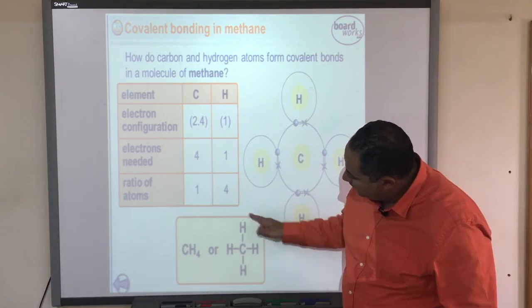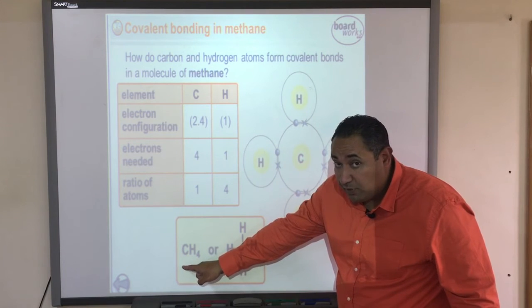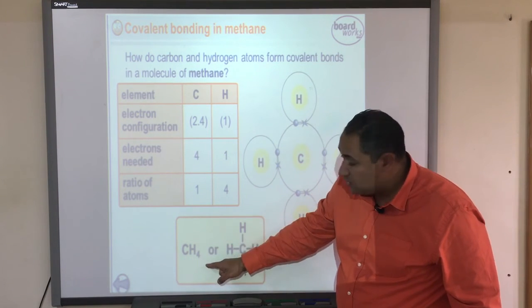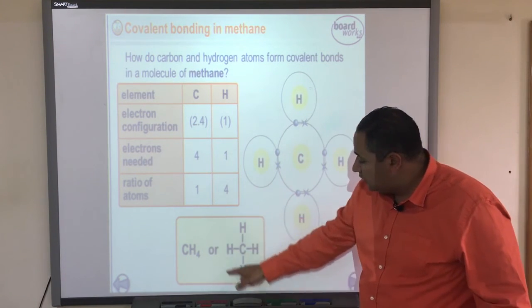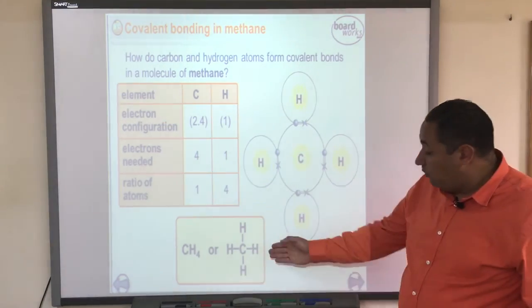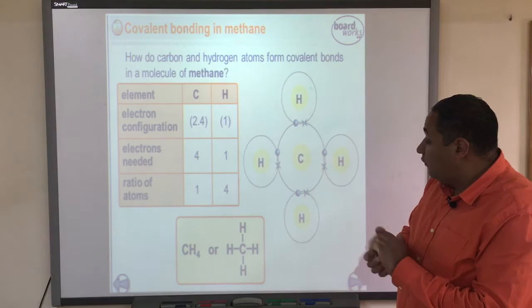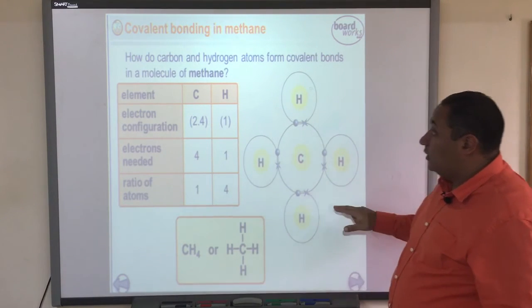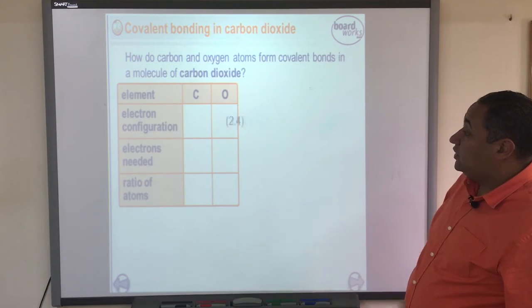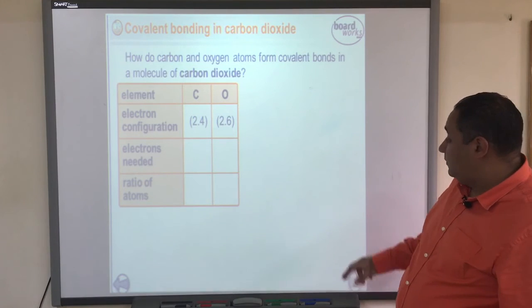This is how we represent it. This is the formula, CH4. And here is how it looks like when bonding, and this is how we represent the covalent bond for this molecule.